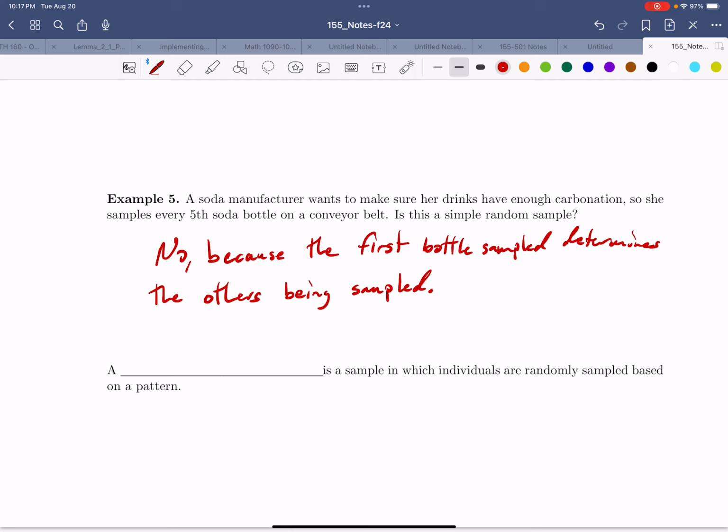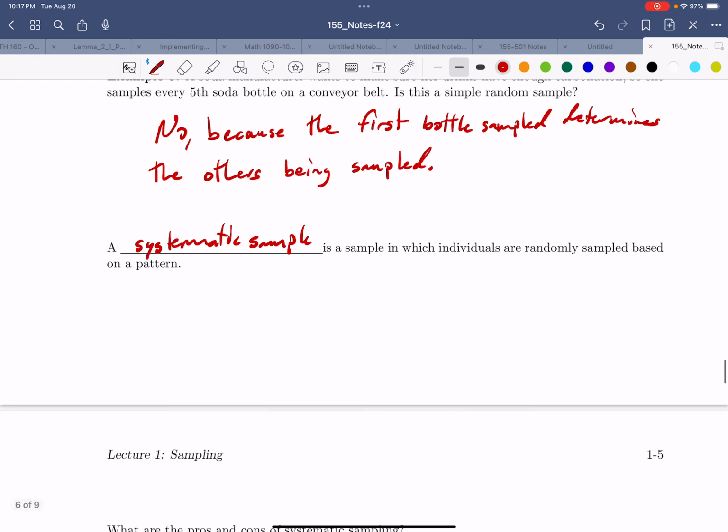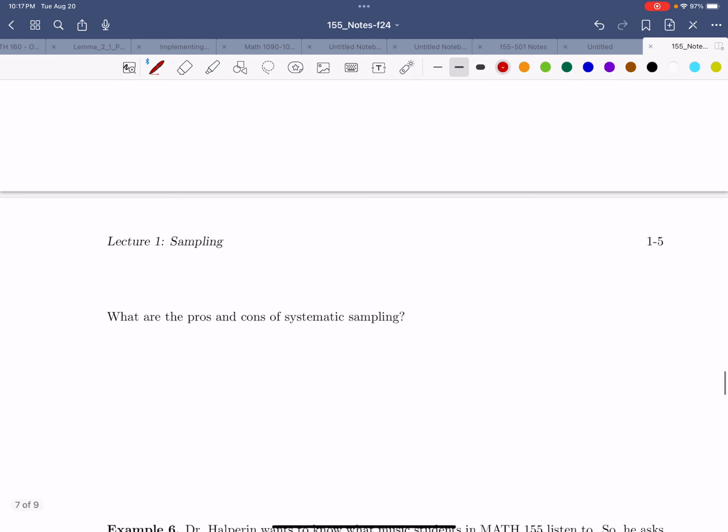If I choose the first bottle, then I'm also going to choose the 6th, the 11th, etc. If I choose the second, then I'm going to choose the 7th, 12th, etc. So this is called a systematic sample. It's a sample based on a pattern. Again, randomly selected, still very legitimate, but it's not a simple random sample. And as always, I will leave the pros and cons to you.